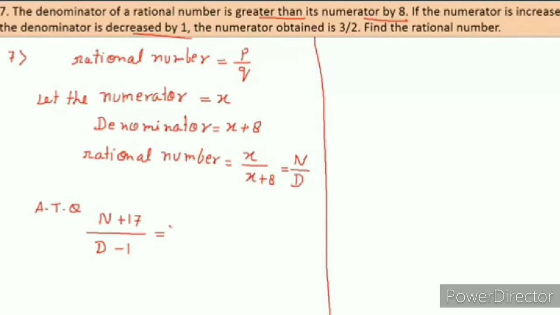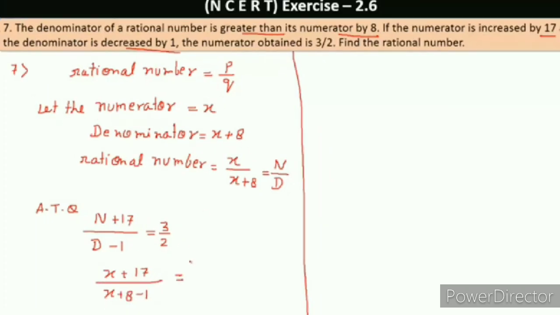The new number obtained is 3 by 2. Numerator is x plus 17. Denominator is x plus 8 minus 1, which is x plus 7. Equal to 3 by 2.